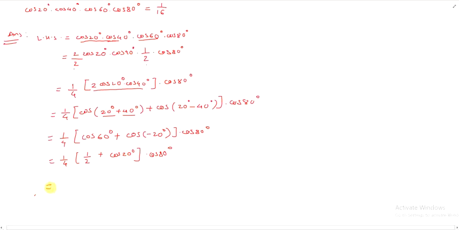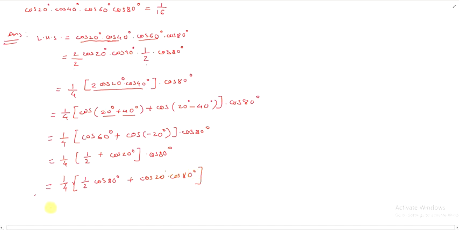Okay. Therefore, here we can write cos, that is, multiply each term in the bracket by cos 80 degree. Therefore, what happened there? Here 1 by 4 in bracket, half into cos 80 degree plus cos 20 degree into cos 80 degree.